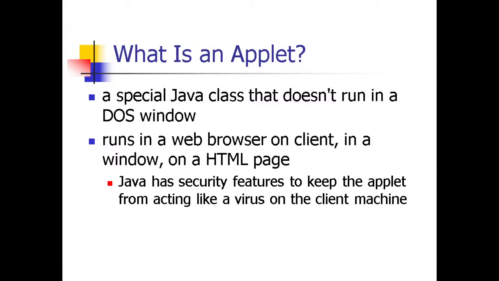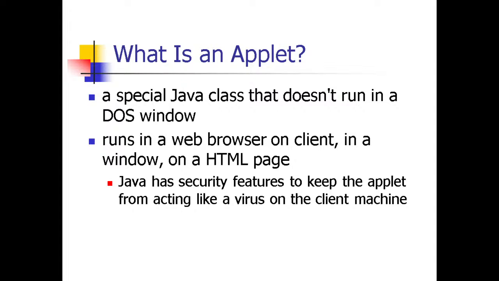So first of all, for a Java applet we must have an HTML page, because our web browser only understands HTML documents. Java has security features to keep the applet from acting like a virus on the client machine.